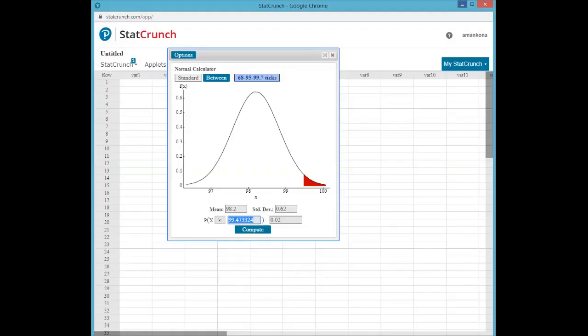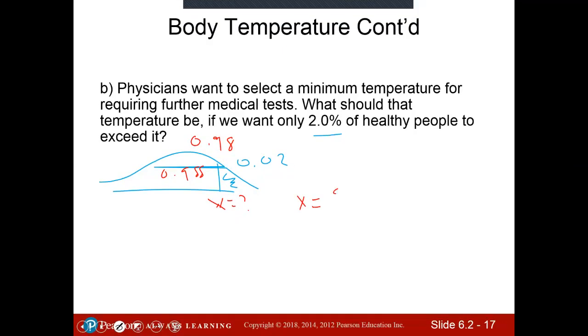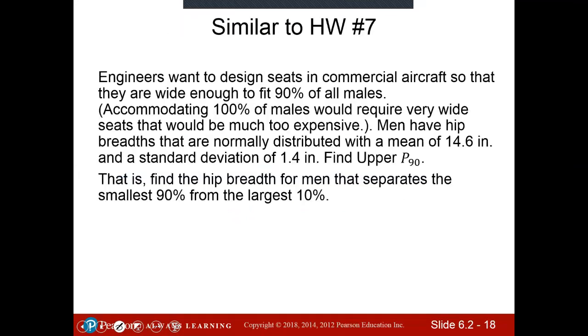Okay. So when we calculated that, my X is equal to 99.54. Okay. So that answers that question.